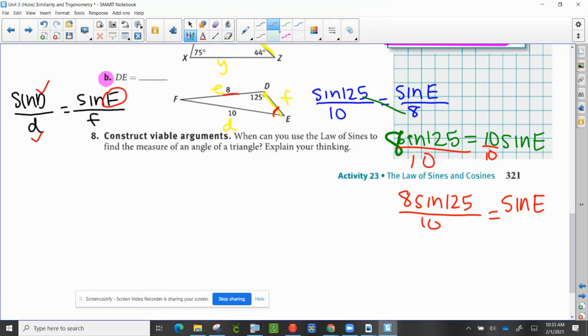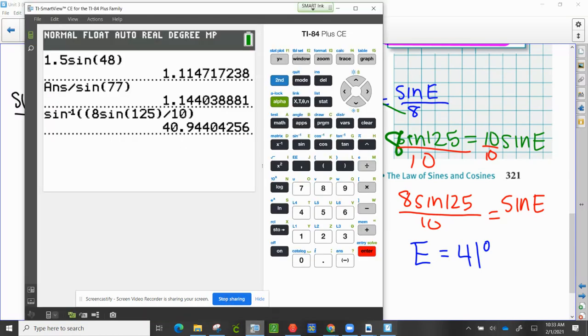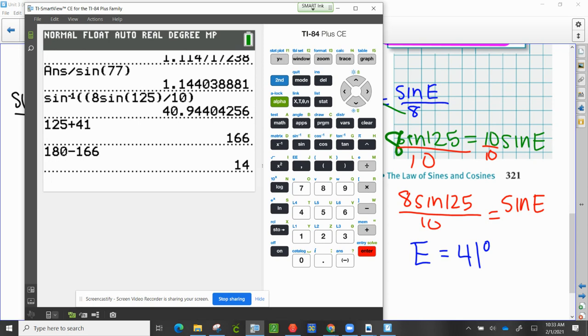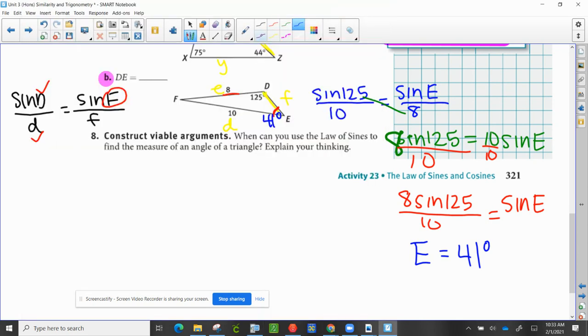We'll say E is about 41 degrees. Now that you know what angle E is, we can find angle F by doing a little subtraction. If we have 125 and 41, that's 166. Let's see what's left over. Angle F then is 14.